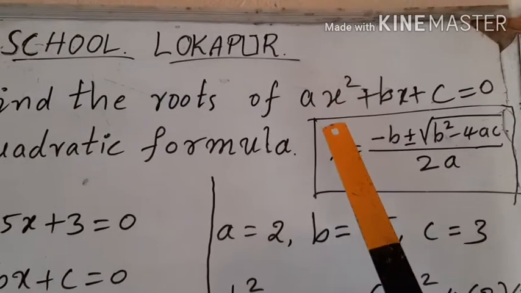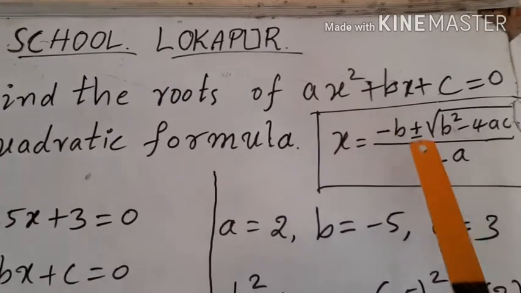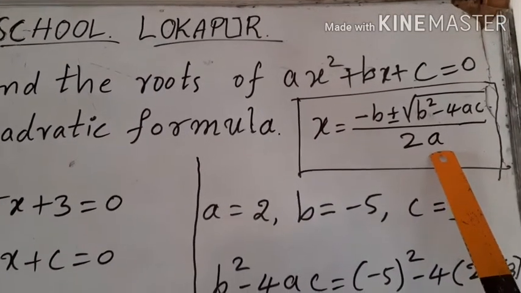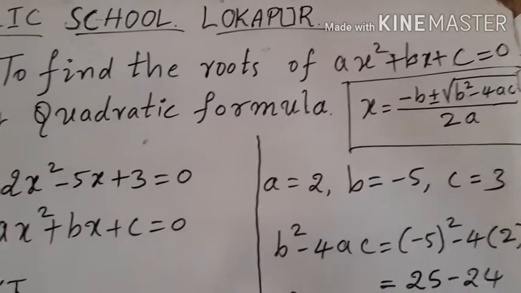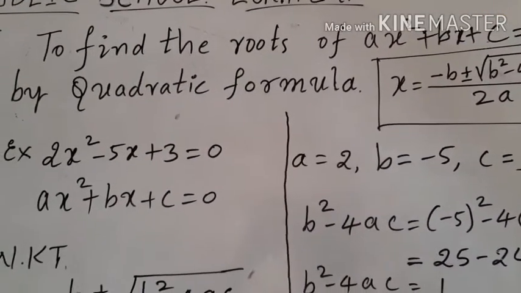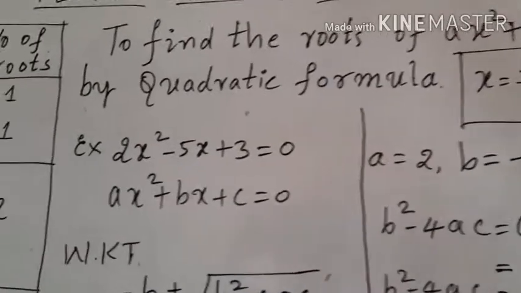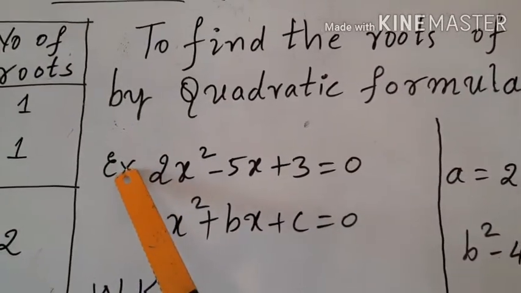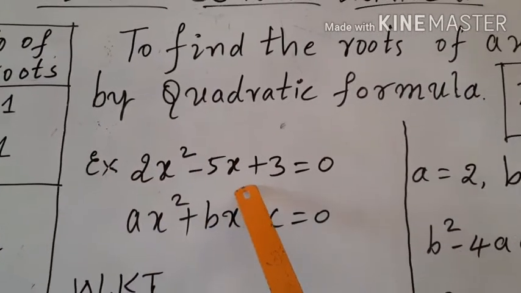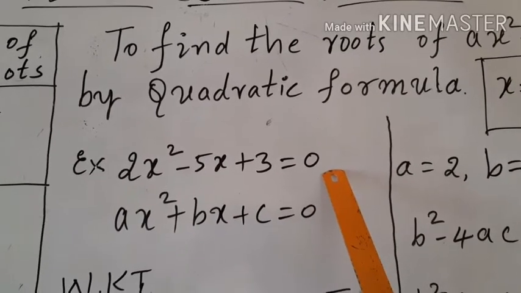Since the degree of the quadratic equation is 2, we will have two roots. Let us see how those two roots are found by the quadratic formula. Let us have an example: 2x square minus 5x plus 3 equal to 0.